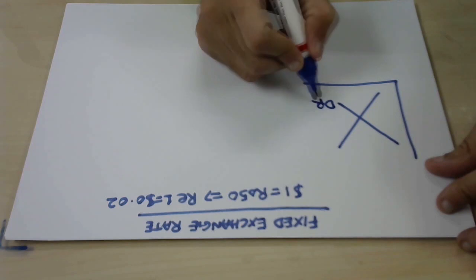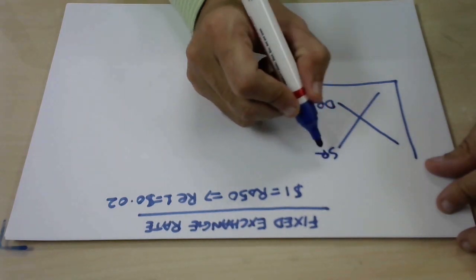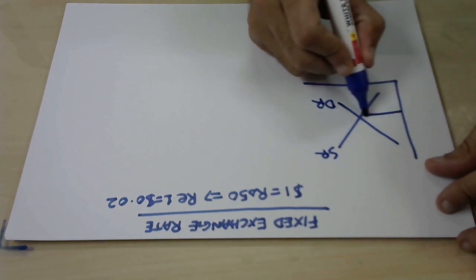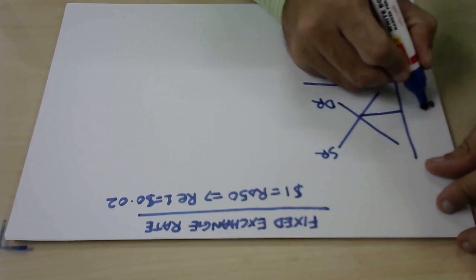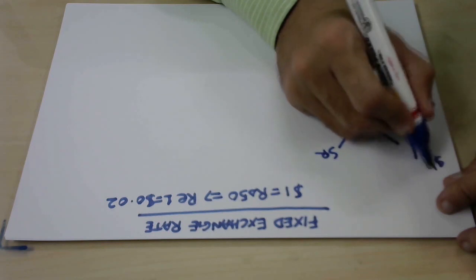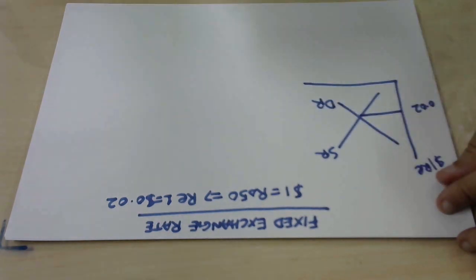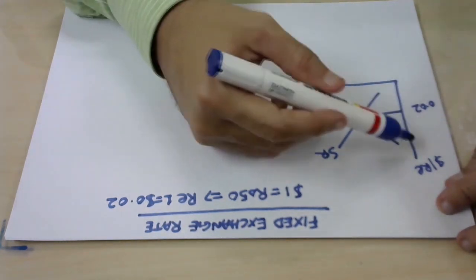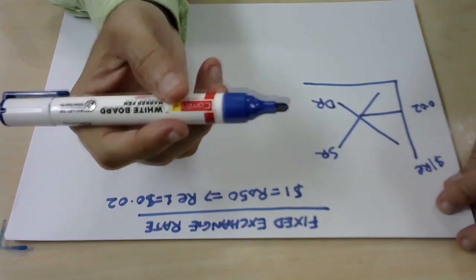What will happen? This is the demand for rupee, this is the supply of rupee, and suppose the central bank has announced that it will be 0.02, or 50, this is dollar per unit of rupee, and as we go up the rupee is appreciating, and when we go down along the y-axis the rupee is depreciating.